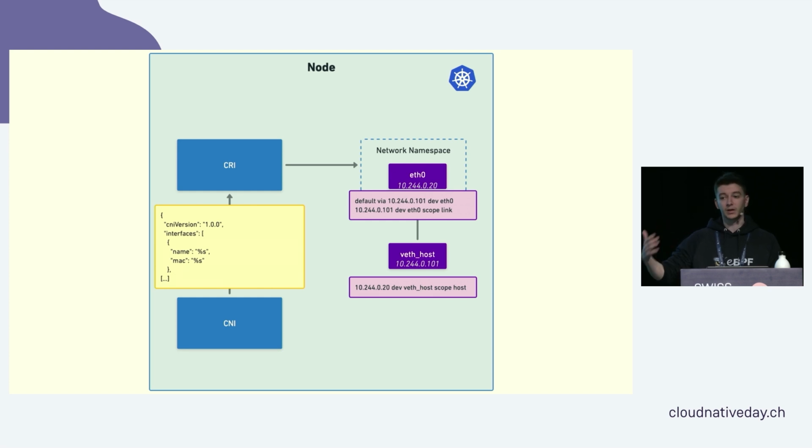Oftentimes it is leveraged by the CNI since it's already performing a lot of this configuration. So when you are talking about some kind of encryption method, using whatever kind of VPN, you create a specific new interface on the host system. That interface on the host is then going to do the encryption once packets go in there. What you need to do in the routing table is ensure that when something is destined to go outside of that node, you send it over that specific interface. This is in the case of lower-level encryption.